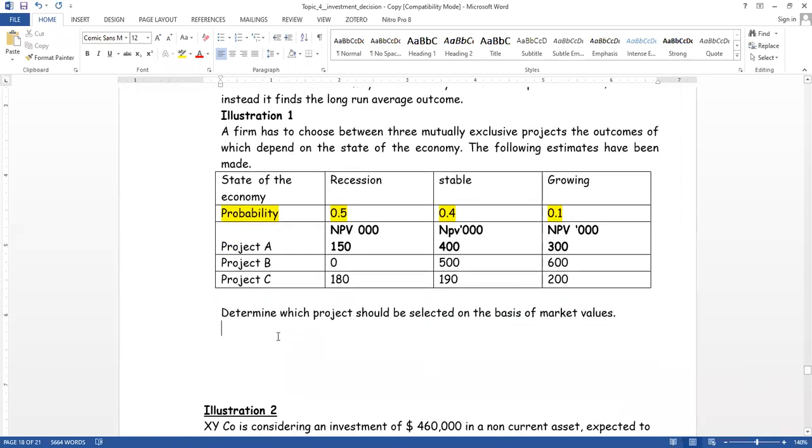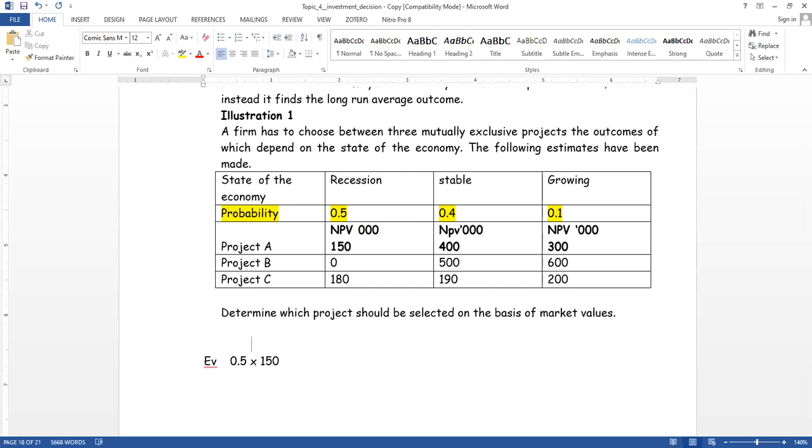So what do I have here? I have project A, EV for project A. So I will get 0.5 times 150 under recession, call it R, recession.